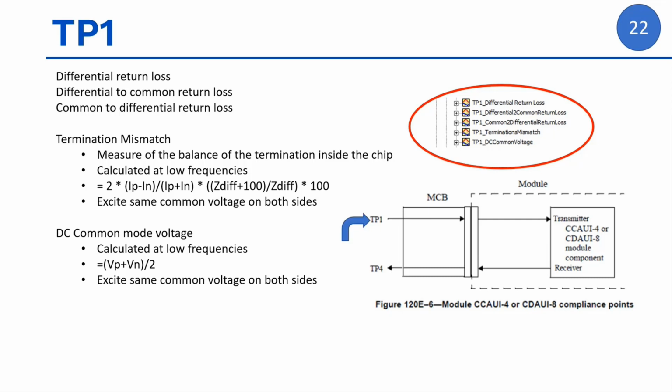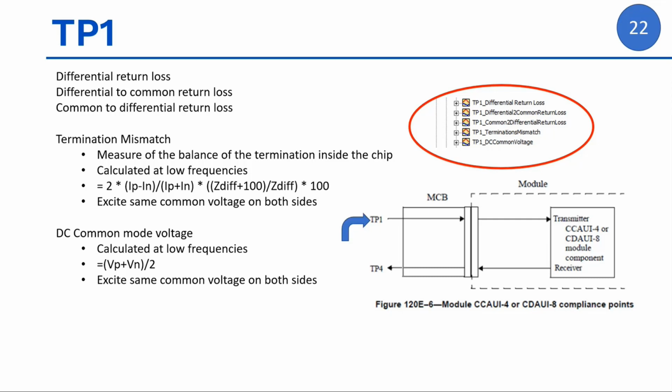That's why it's measured at very low frequency, because we're not concerned about what's going on in the path. We want to reach the chip and see if the termination of the P and N are equal, how much they are equal. So there is a spec on that. And there's the DC common voltage, which is just a measure.